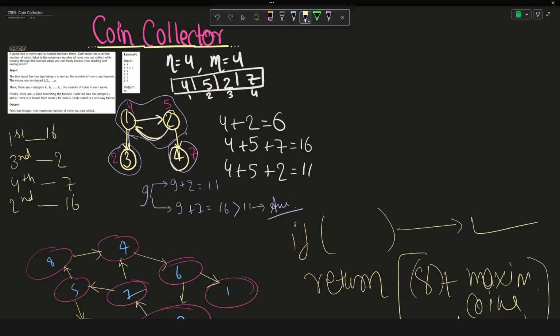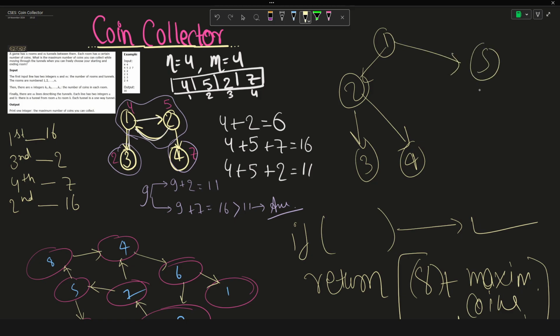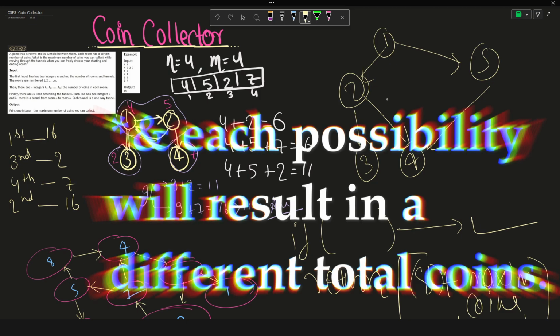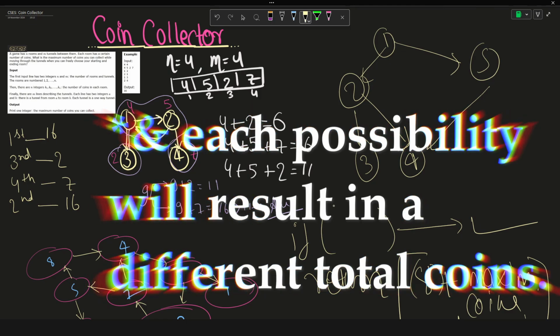A large number of possibilities would have occurred, like we can have gone from the first component to the second, then from the second to the third, right? Or from the first to the second, then from second to the fourth, or from the first to this component, say the fifth component, and then from fifth to the fourth. So there were multiple possibilities. That's why dynamic programming was helpful here in this case.